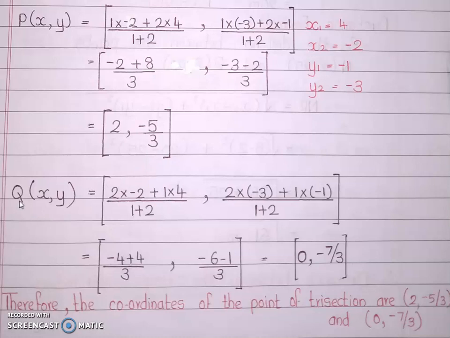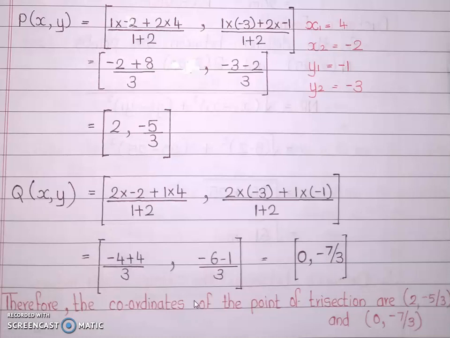Similarly, what is the ratio in which the point Q divides the line segment AB? 2:1. That is, m1 is 2 and m2 is 1. Substituting the values in this formula, you will get the coordinates of Q as (0, -7/3).